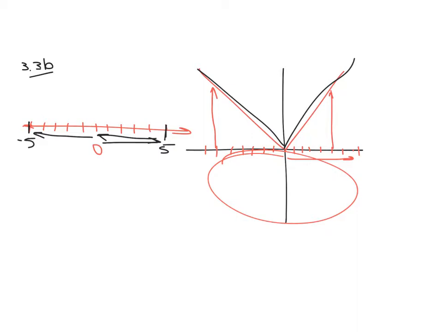All right, so solving these absolute value equations is not really tricky, but you've got to be thinking through what you've got here, because, let me give you an example. The absolute value of x equals 5.